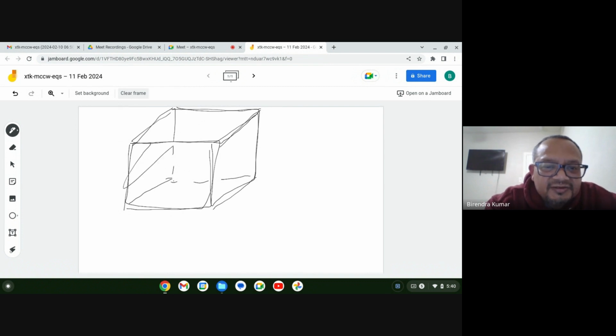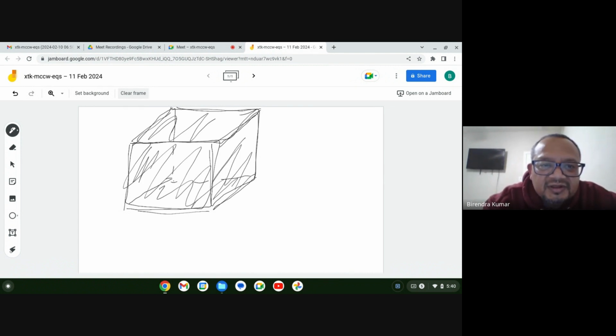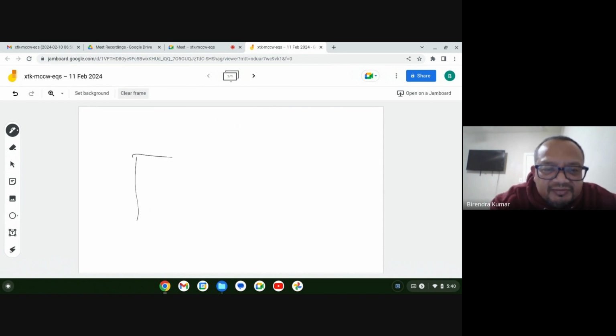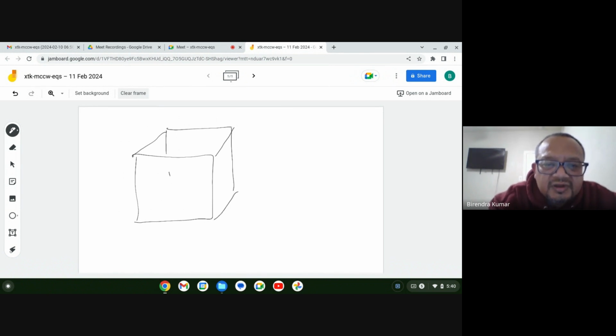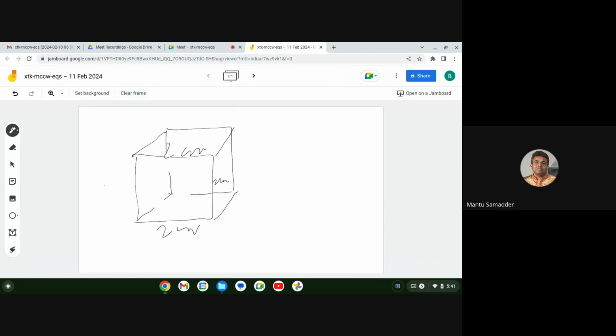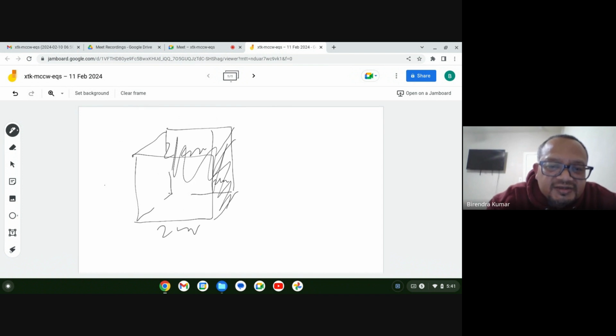In terms of area, because your length and width are the same, this area here is the same as this area. All the areas are actually the same. Let's say I'm talking about a cube of 2 centimeters as each side. All the sides are like squares, because they have length as 2 centimeter, width as 2 centimeter.